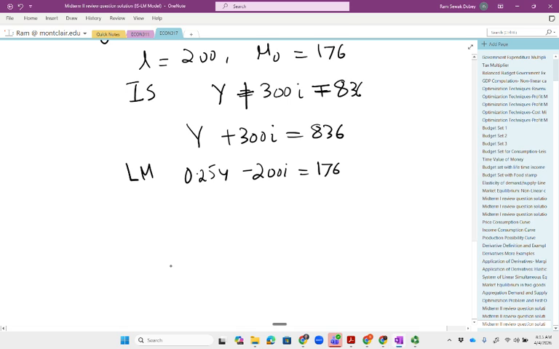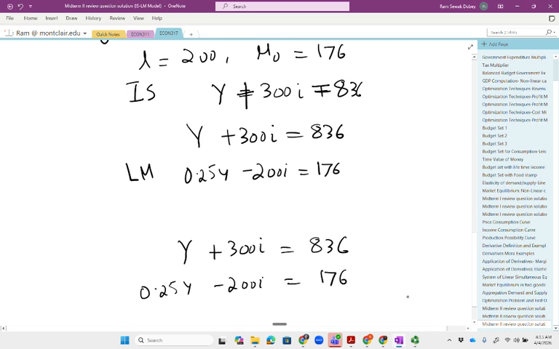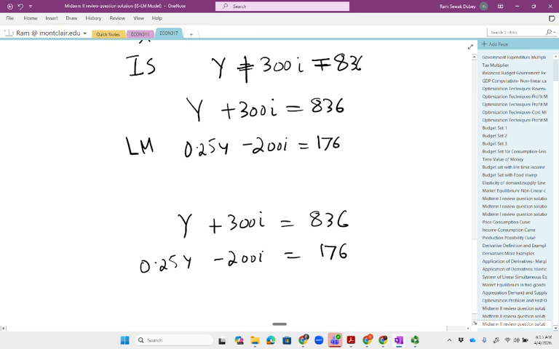So let me rewrite the expressions again. I have y plus 300i equal to 836, and 0.25y minus 200i equal to 176. y is the GDP, i is the interest rate, and these are two equations, two unknowns.